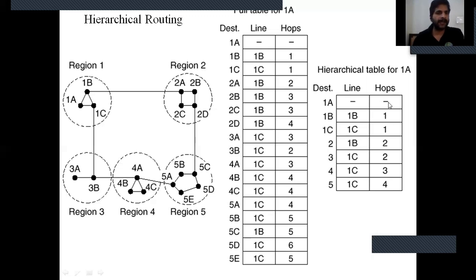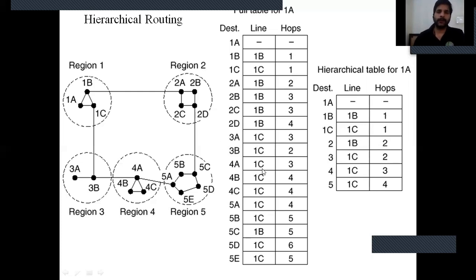For 1A there is no line and no hop. Next, for destination 1B, follow the line 1B and hop equal to 1. Similarly, for destination 1C, follow the line 1C and hop equal to 1.